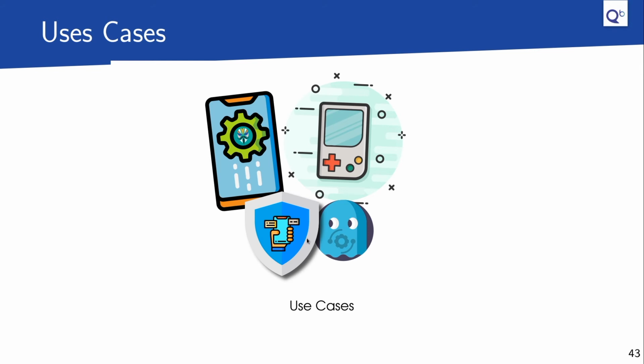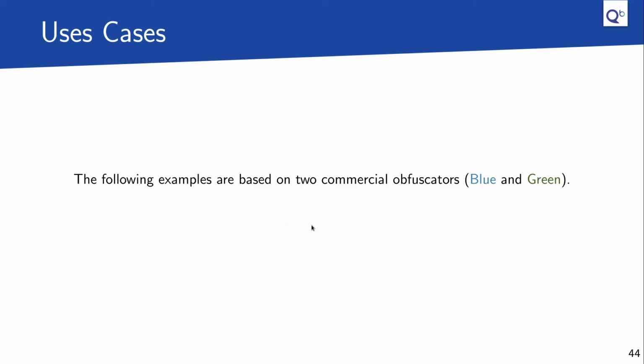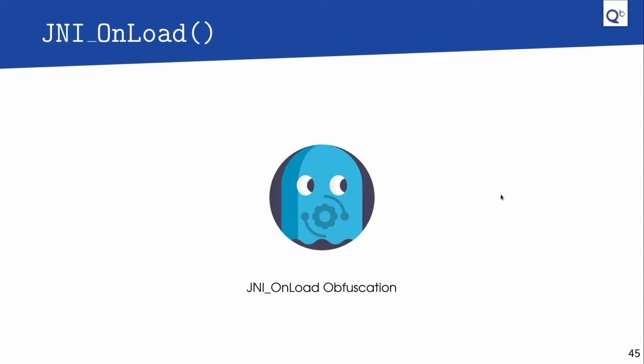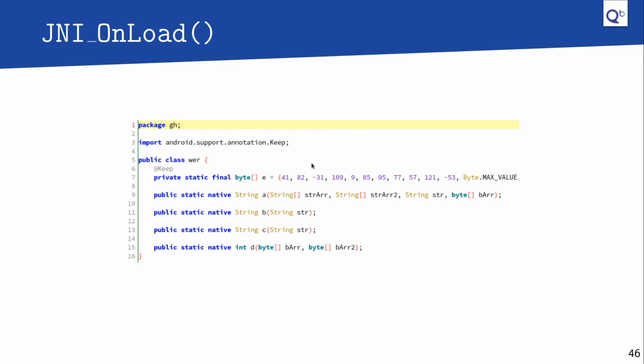Now I'll go through a real use case and some examples of using QBDI on an Android application. For this example, I took two obfuscators, which are blue and green. The first example will be about JNI_OnLoad.